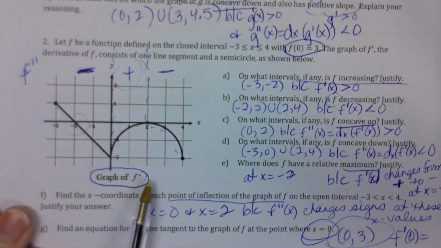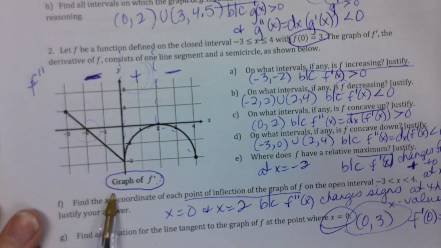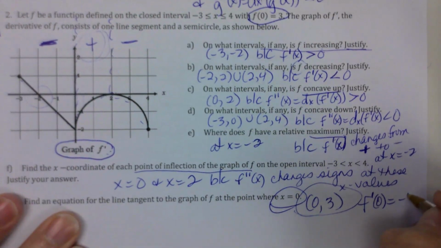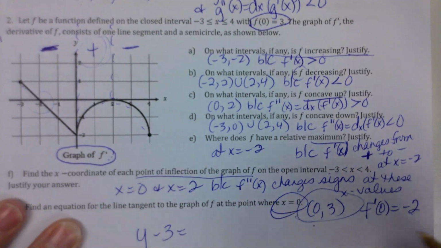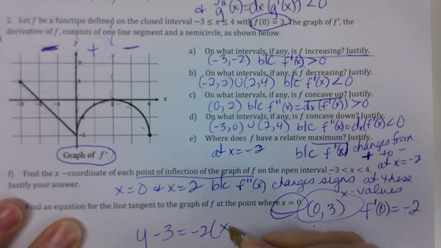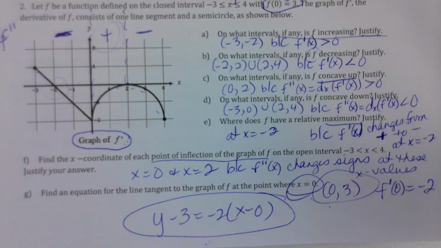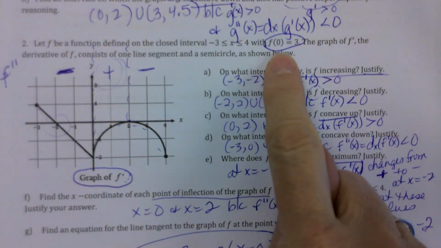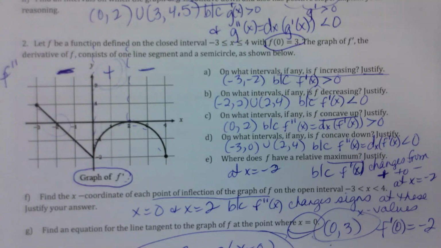This is the graph of f prime. What is f prime of 0? Point, slope: y minus y1 equals slope times x minus x1. It was given.